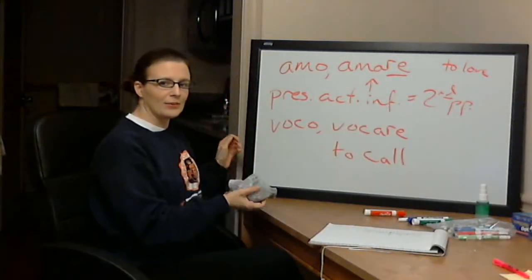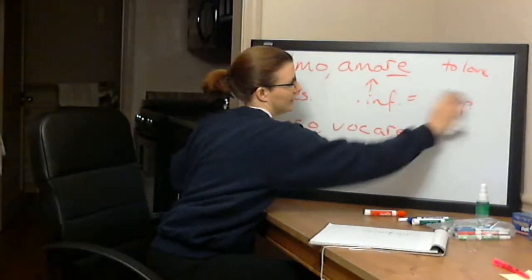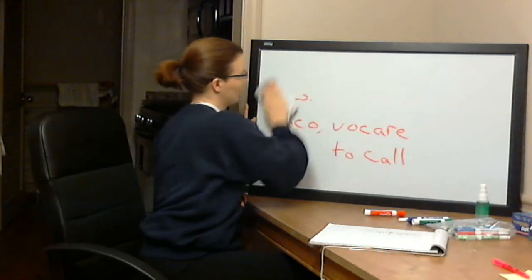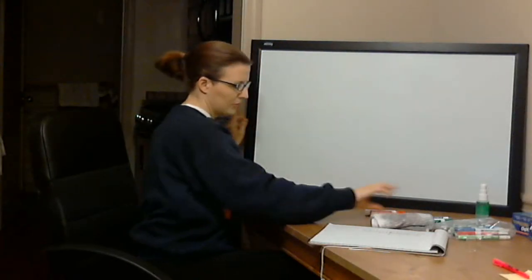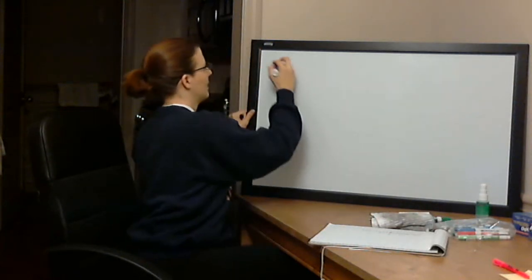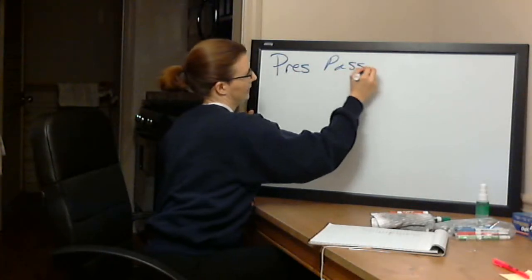But you can do something else with this, and that is get rid of the active part of it and have a present passive infinitive. Just get rid of all of this. So to have a present passive, actually I'm going to color code and do this one in blue.